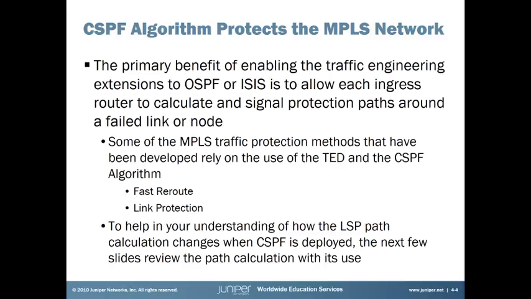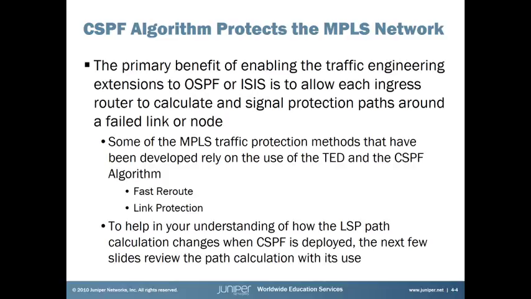But it allows us to do a couple of things. It allows us to calculate a path based on constraints, which is really great. But even better than that, it allows us to calculate an alternative path in case our first path fails. So if we've said, I want a path from this ingress to that egress, I need a certain amount of bandwidth, I want you to build a path for me, it says, okay, there's your path.